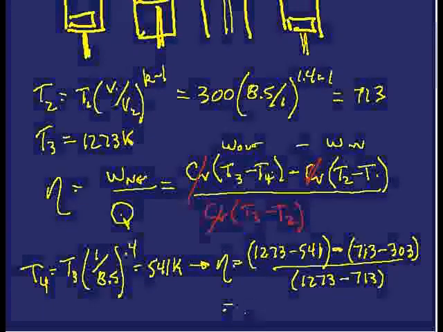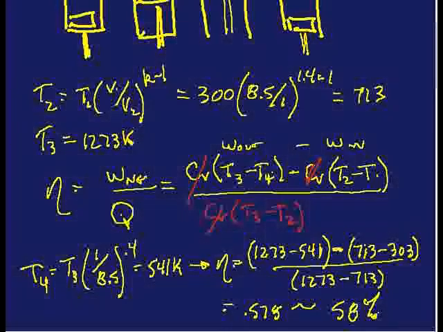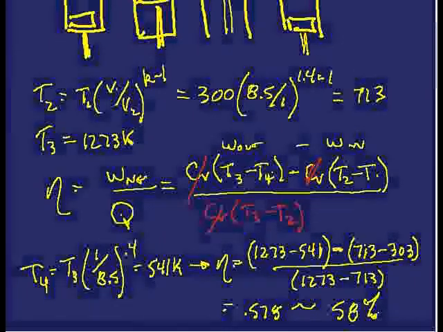And this comes out to 0.575, or approximately 58%. So 58% of the heat added is converted to net work in this problem.